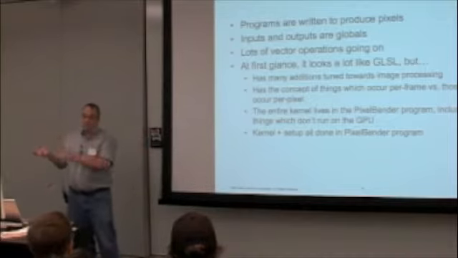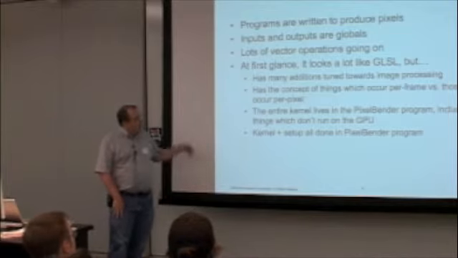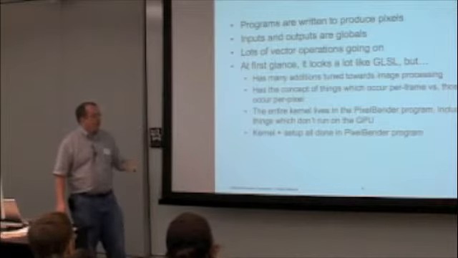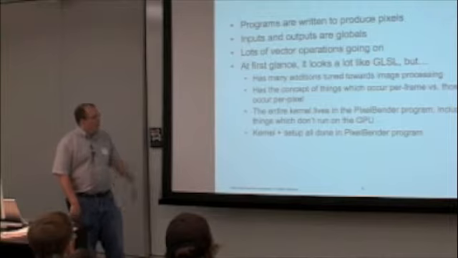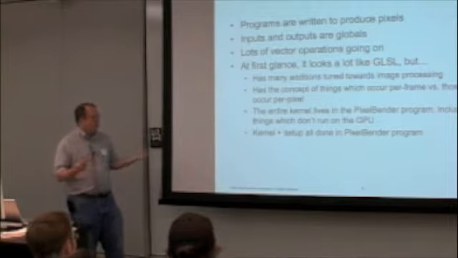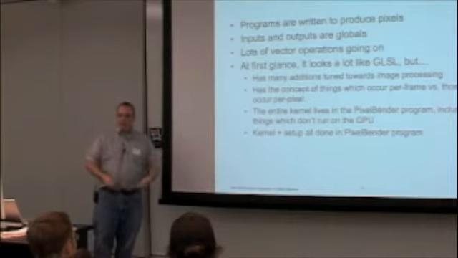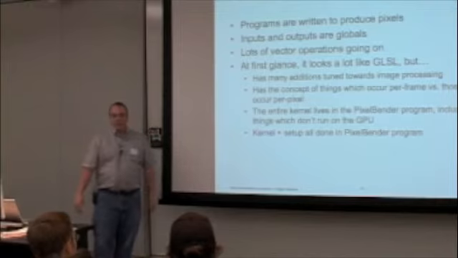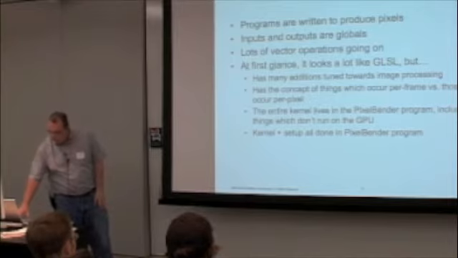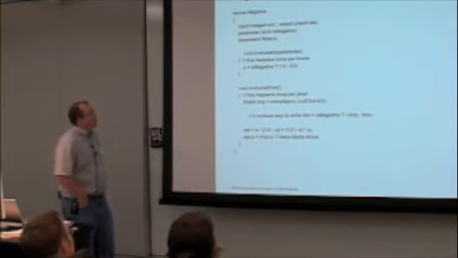GPUs aren't really good at dealing with things that happen on a per-frame basis, so we have the ability to specify bits of code that run prior to the pixels getting executed. Also, the entire kernel lives in the PixelBender program, and this includes all the per-frame setup. This allows a third-party author to write a PixelBender program and hand it into a system and have it run as a plugin without having to code up an executable, which is pretty useful for making the third-party developer world happen.